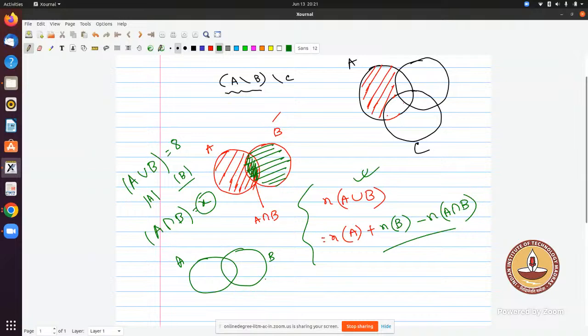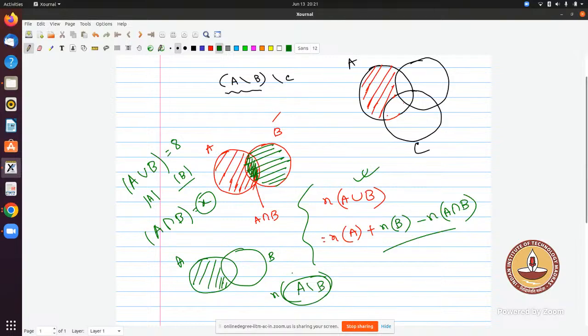Okay. Now suppose I want to find the cardinality of A minus B, this region. How can we calculate that if we know the cardinality of A, the cardinality of B, and the cardinality of A union B?